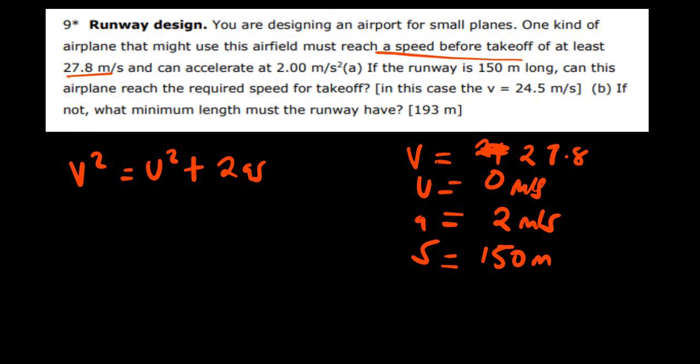So now what do we have? The V squared, that is 27.8 squared, is equal to U squared, which we've said is 0, plus 2 multiplied by our acceleration.